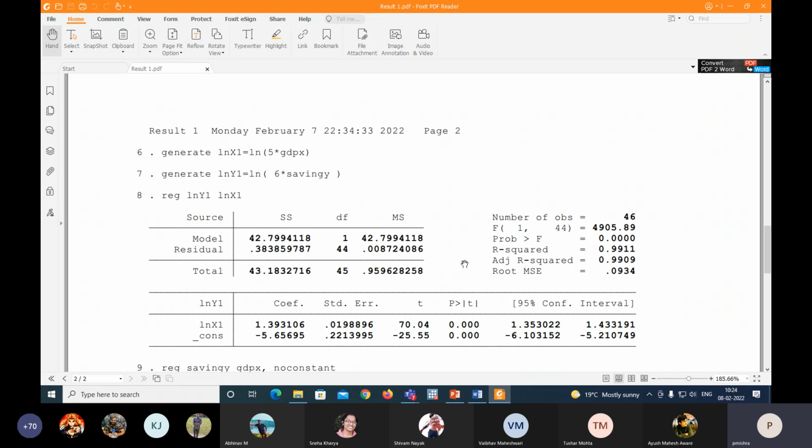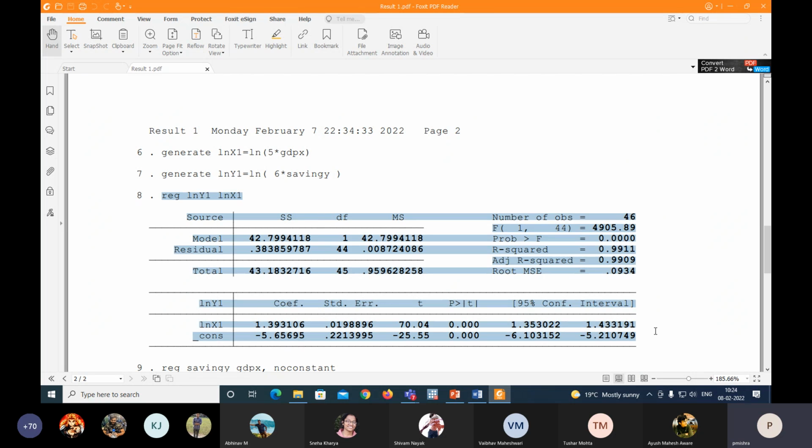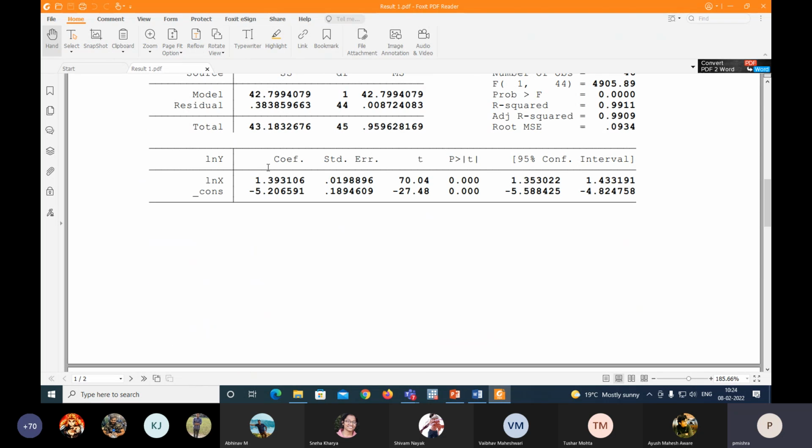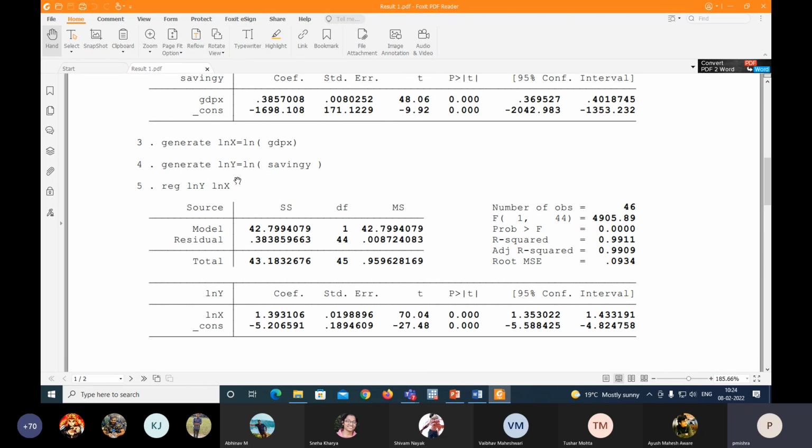And after changing the scale, we are making log transformation of the variables. Then we are estimating the model again. In fact, yesterday's question was, how will the results differ between these two models? One model is this one, log of y1 versus log of x1. Another model is log of y versus log of x.